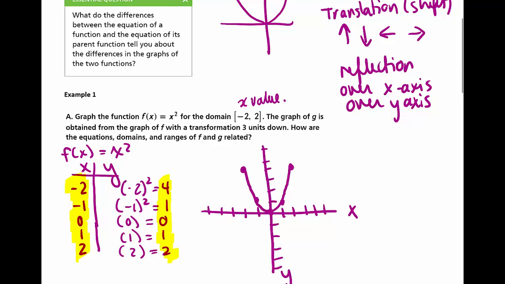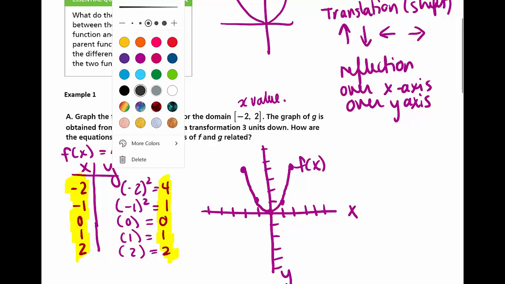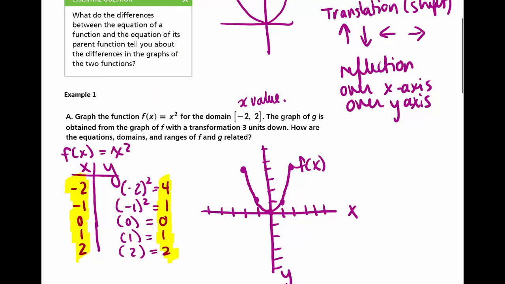Then it says the graph of g is obtained. So this is our graph of f. And then it's saying, go ahead and graph g. I need a different color. Have it gray. And what we'll do is we'll transform this 3 units down. So the transformation that we're doing is specifically called a translation.